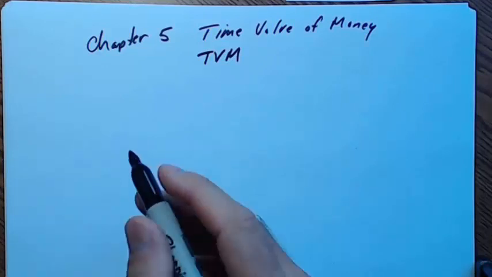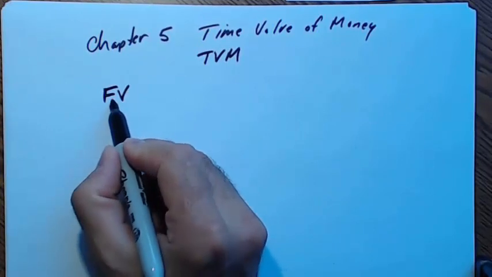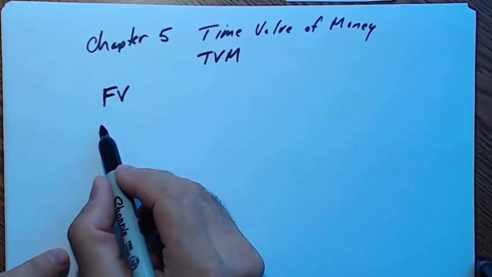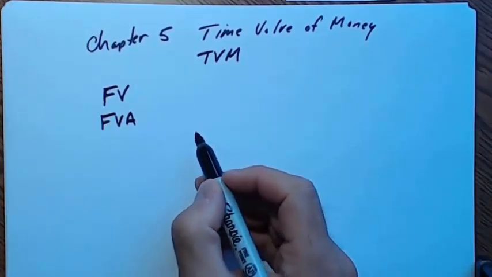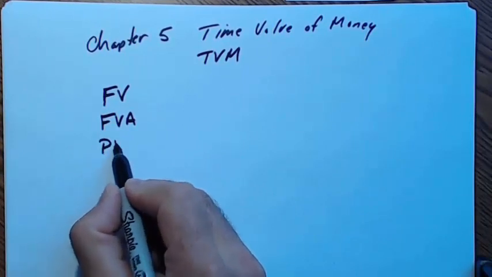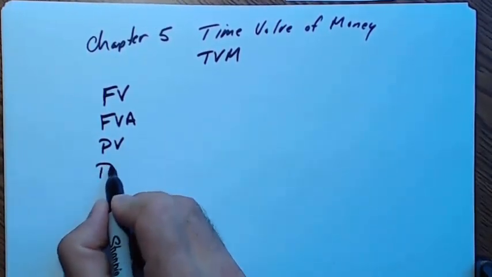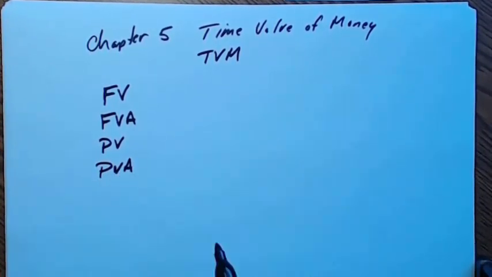In this video, I'm going to cover future value of a lump sum, symbol just FV, and the future value of an annuity, meaning a series of equal payments. Then we're going to look at the present value of a lump sum, and a lump sum is simply a single payment, and then the present value of an annuity. And then we're going to look at some miscellaneous items related to this.